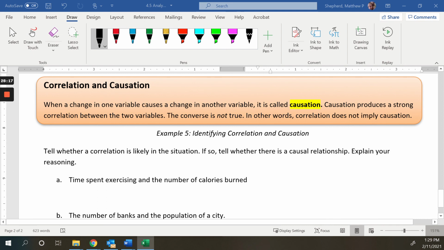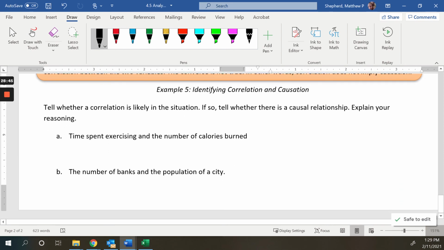So while mailboxes don't cause firefighters to exist, and I can't plant more mailboxes into my yard and have more firefighters exist in my neighborhood, one is not causing the other. There is not a causation relationship. There is still a relationship, and one increases with the other. So there is correlation. So let's look at a few examples and let's see if we can identify whether or not it's an example of correlation or causation.